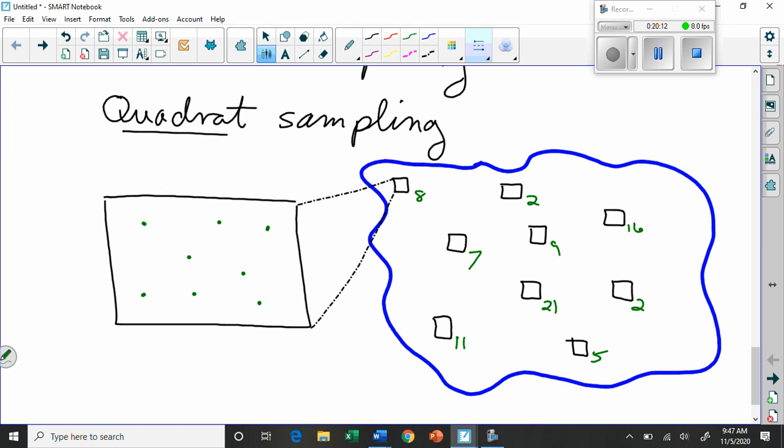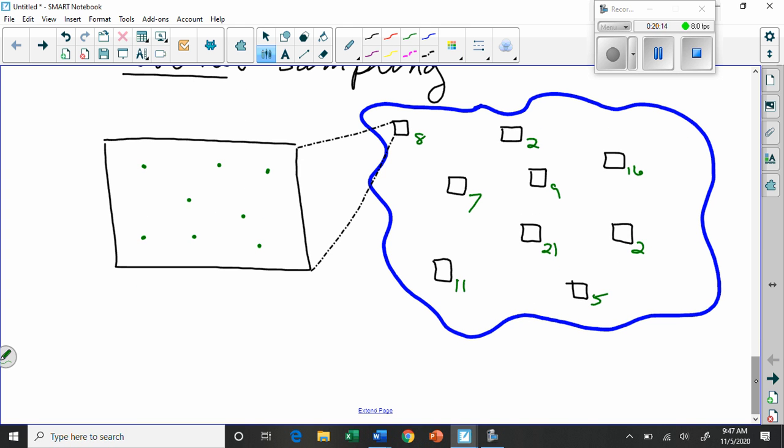And then you could say, okay, let's compare. So let's say you did quadrats that were 100 meters by 100 meters, right? That means one quadrat is 100 square meters, right?